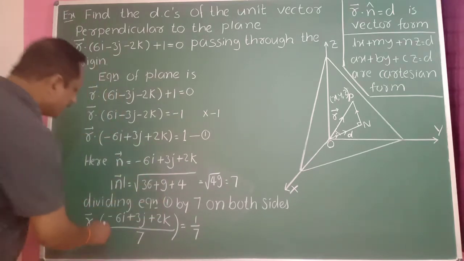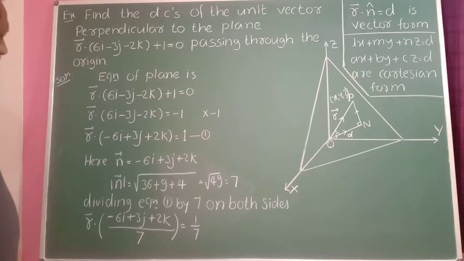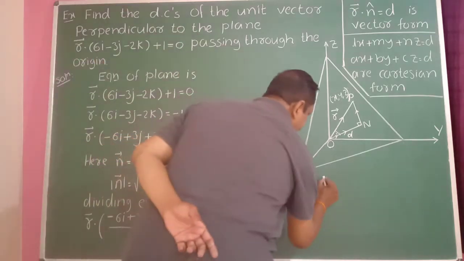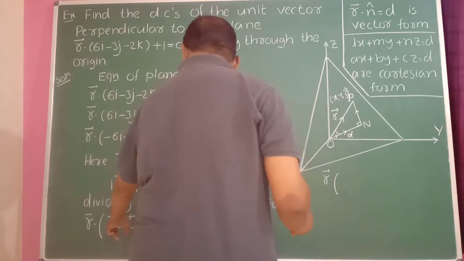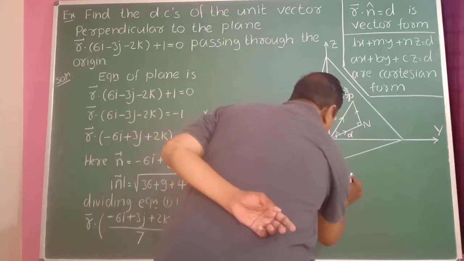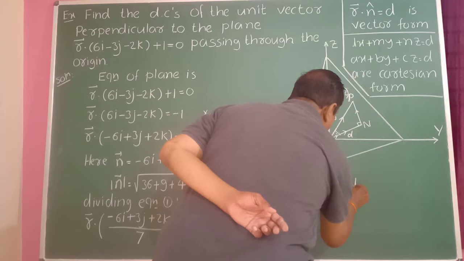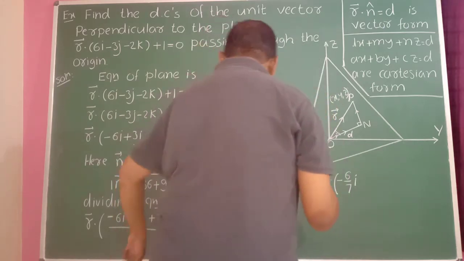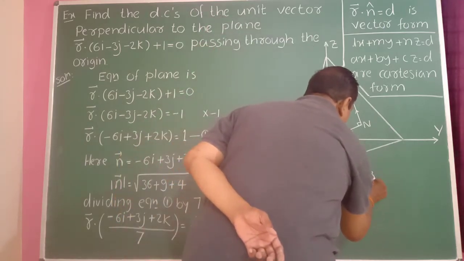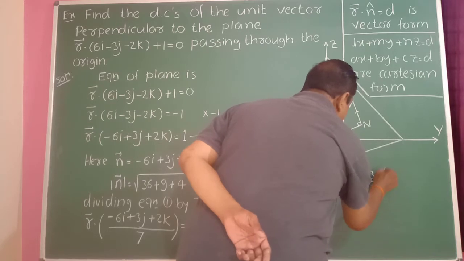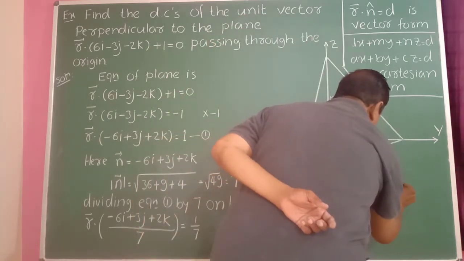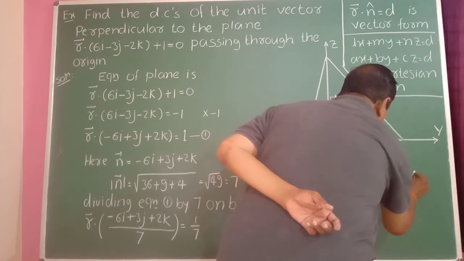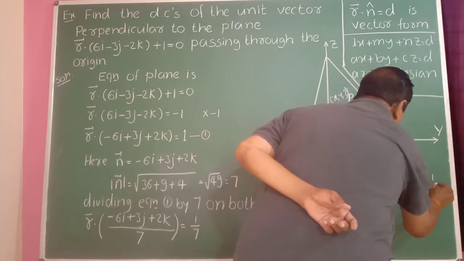This can be written as r bar dot of minus 6 upon 7 into i, plus 3 divided by 7 into j, plus 2 divided by 7 into k, is equal to 1 divided by 7.